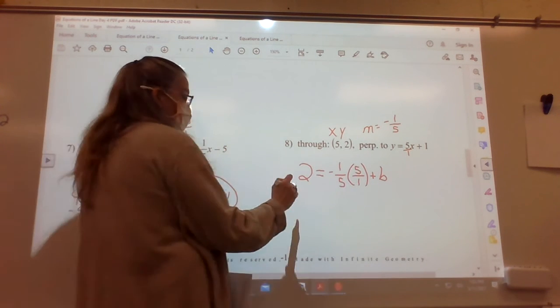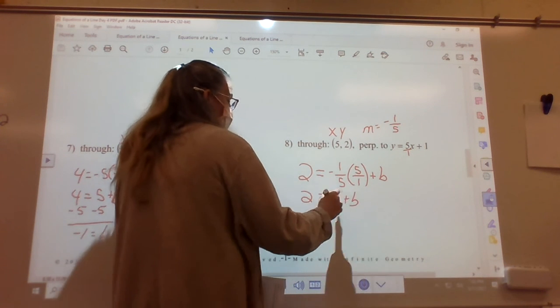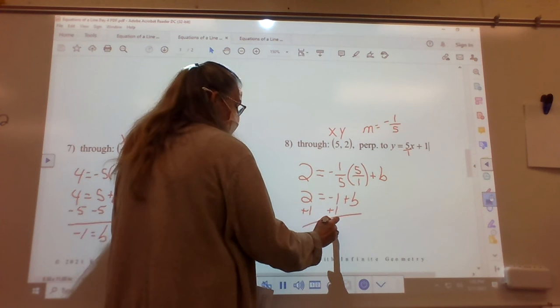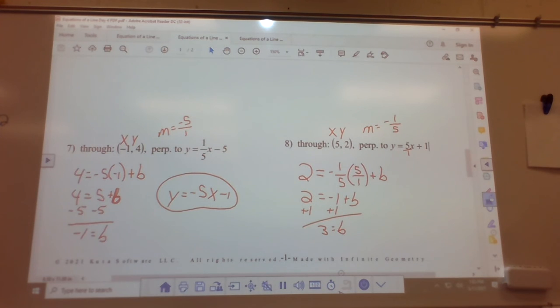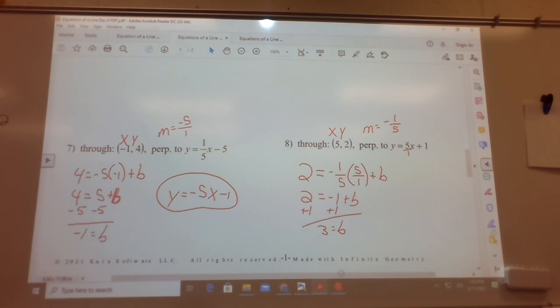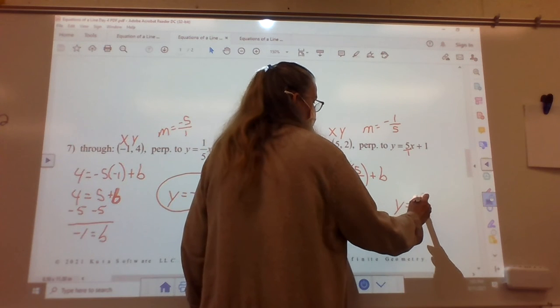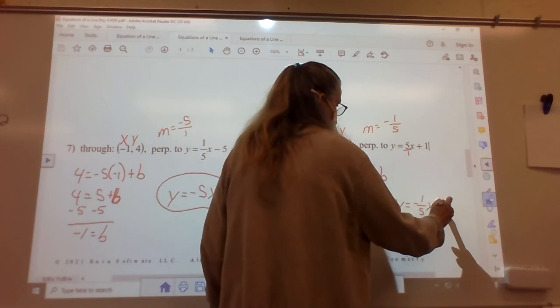So I get a negative 1 there. Add the 1 to both sides. I get 3. Very systematic. So y equals negative 1/5 x plus 3.